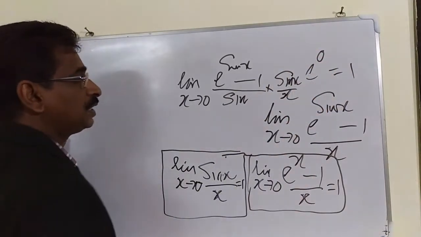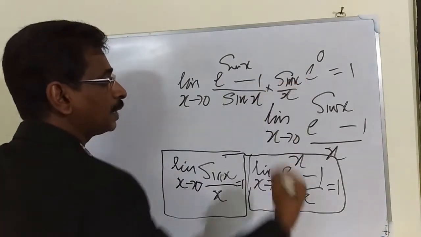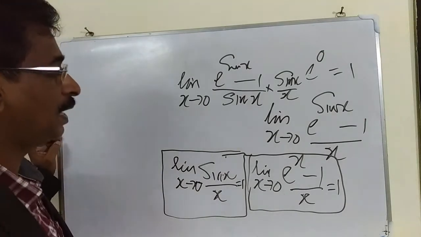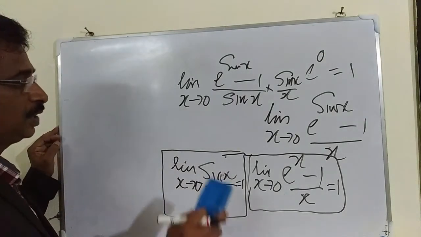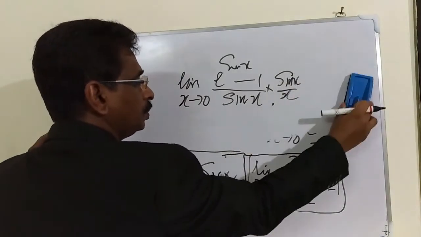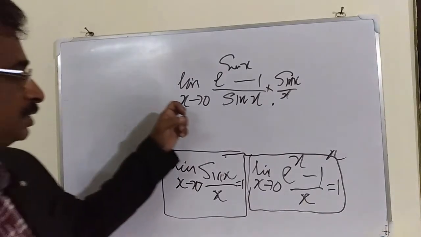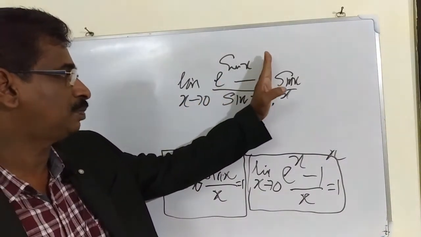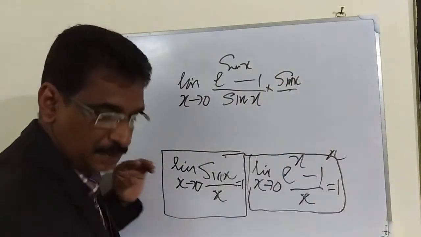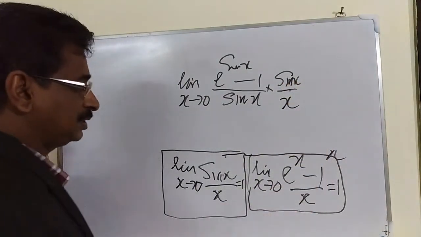Dividing numerator and denominator by sin x, we get (e raised to sin x minus 1) by x equals that times sin x by x.